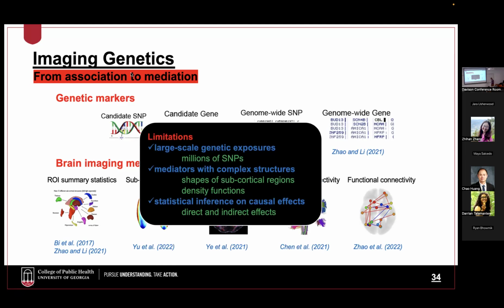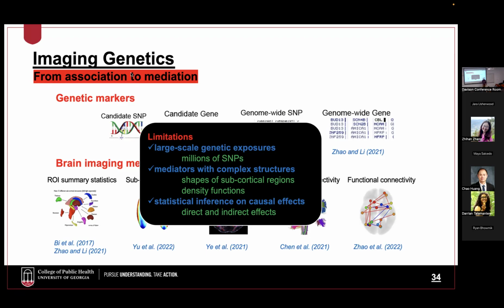But if we want to conduct this imaging genetics from association to mediation, we have several limitations or challenges. The first one is, if we just focus on genome-wide SNP data sets, you already have millions of SNPs, so we need to handle this high dimensionality issue. Also, the mediators are not single values anymore. We have imaging-based mediators.